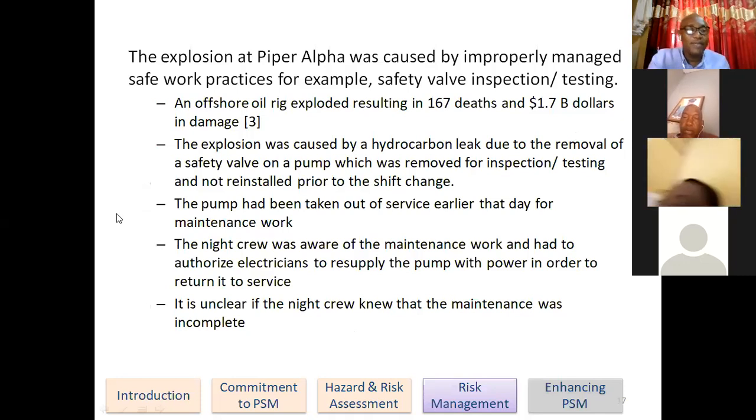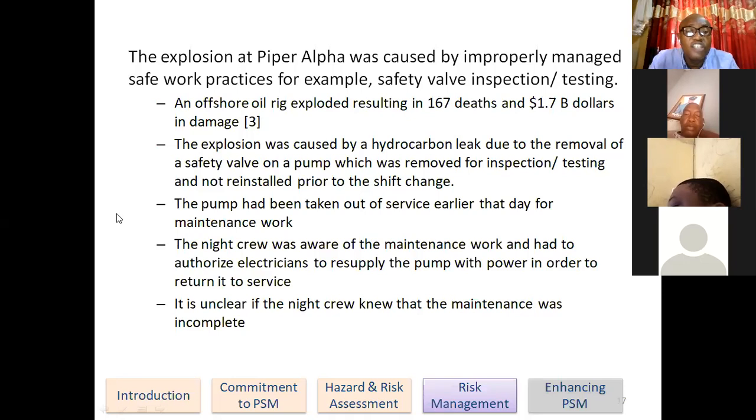Let's give an example. The explosion at Piper Alpha was caused by improperly managed safe work practice, for example the safety valve inspection and testing. An offshore rig exploded, resulting in 167 deaths and 1.7 billion naira in damage.